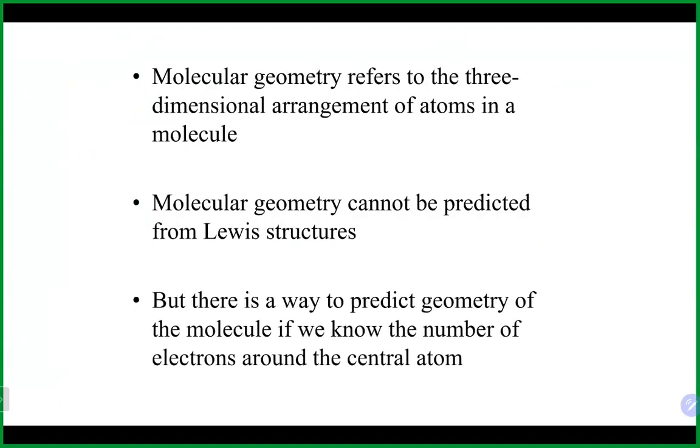We can predict the geometry based on Lewis structures, and really the 2 things we look at when we're looking at the central atom are the number of electron pairs and the number of bonds. When you draw your Lewis structure and go to the central atom, those are the most important things to look at to help you decide what the geometry is going to be.